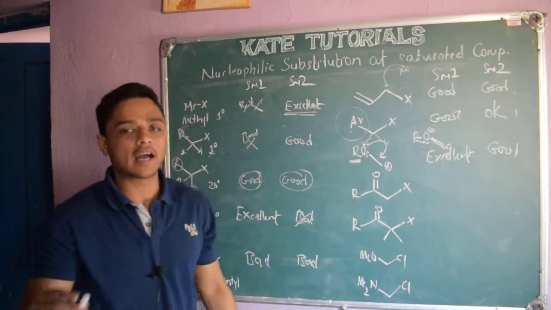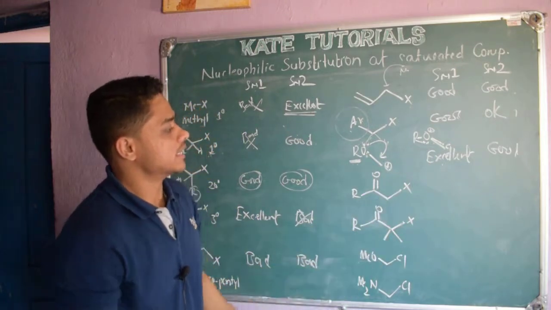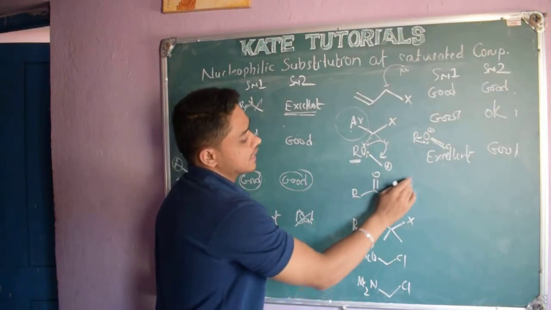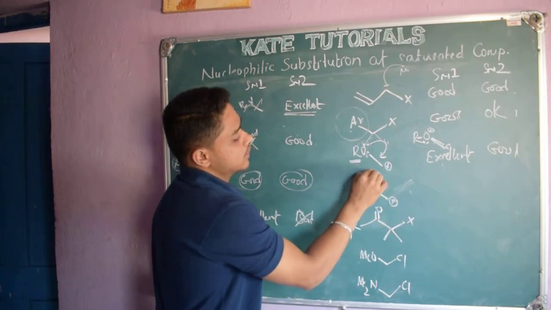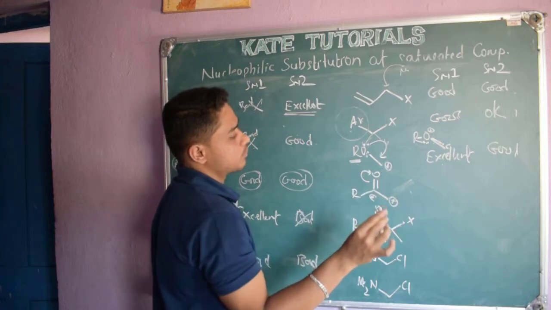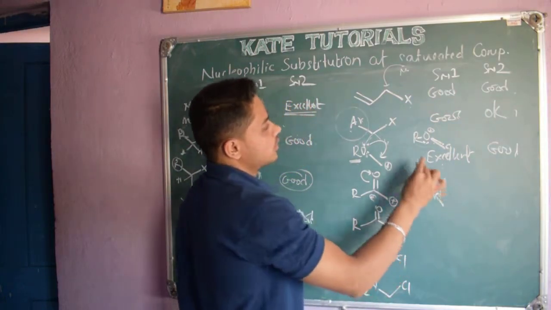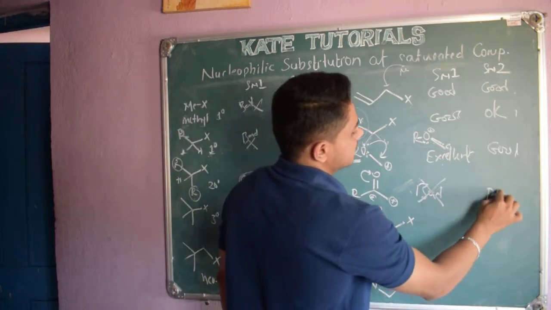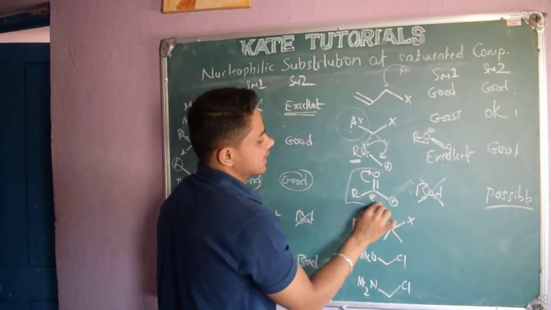If the R group is very large, then SN2 will be bad, right? See here, if it leaves with electron density, it will get a positive charge, and this group is an electron withdrawing group, so there is no possibility. It will be very bad. No SN1, but SN2 is possible, a little bit. Here also we need to see steric hindrance.